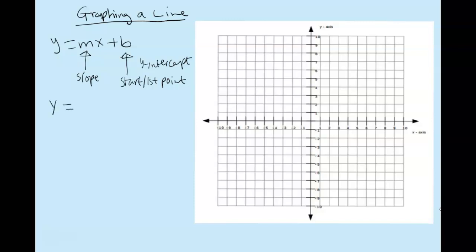If I have y is equals to 7x plus 5. First of all, I need to know my slope. So the slope here, which we use m to represent, is the coefficient, the number in front of the x here.